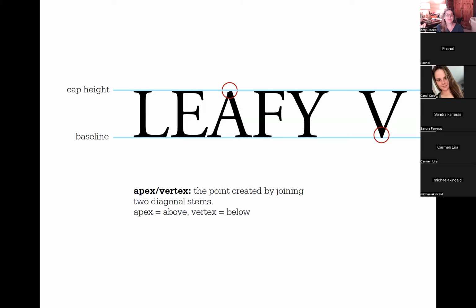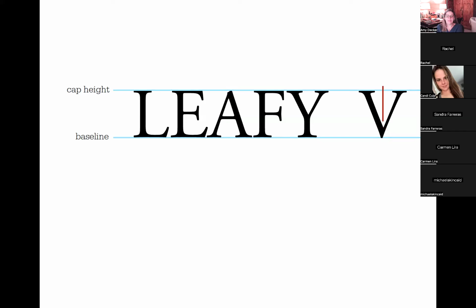I think of it as peak and valley, because you're climbing a mountain or going down in the valley. The space between the two diagonals in a V is called a crotch, the interior space where two strokes meet.